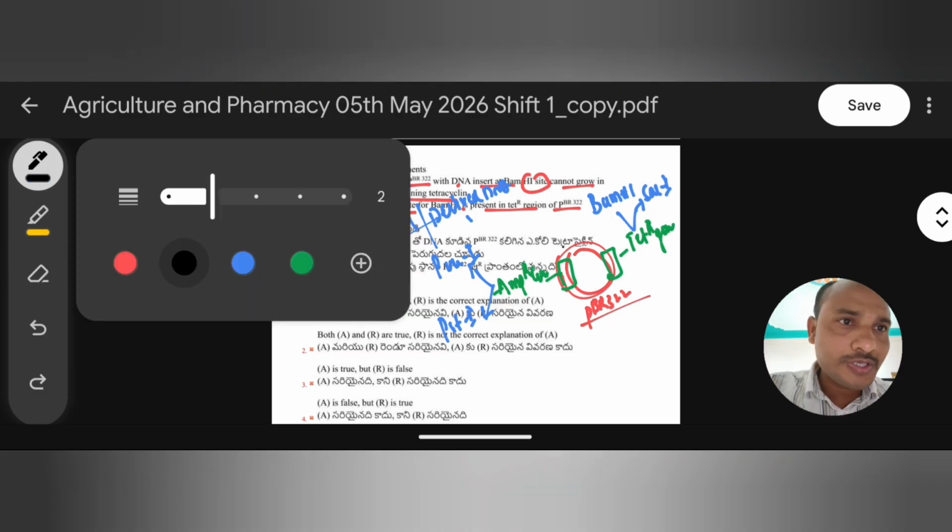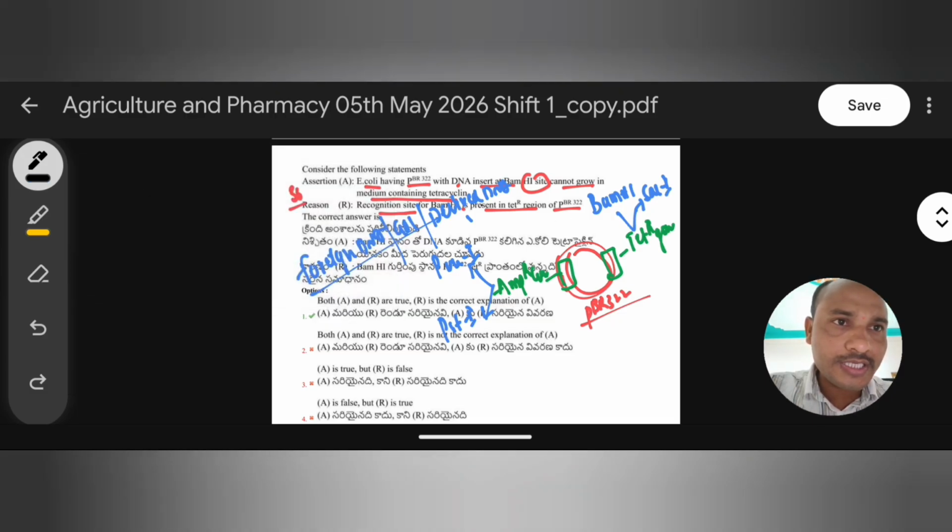If you introduce this foreign DNA or desired DNA into this BamHI site here, and the cells cannot grow in medium containing tetracycline, means yes. Why?